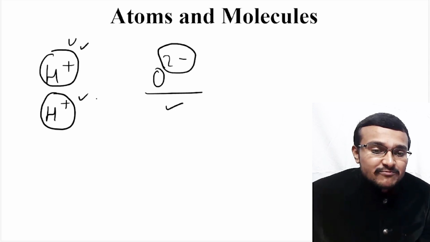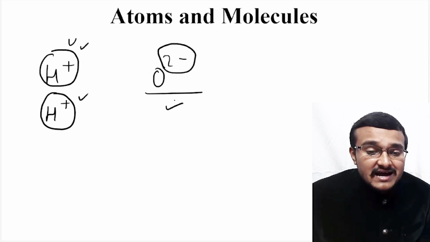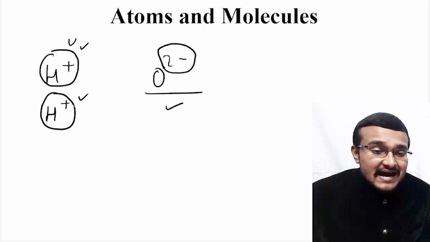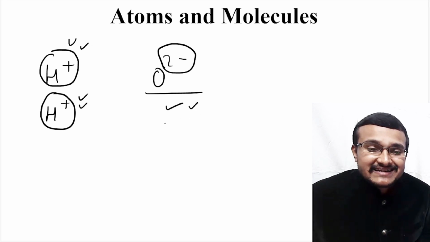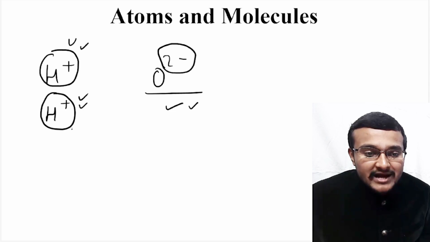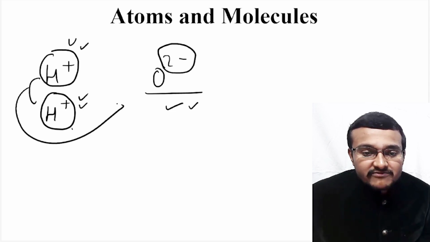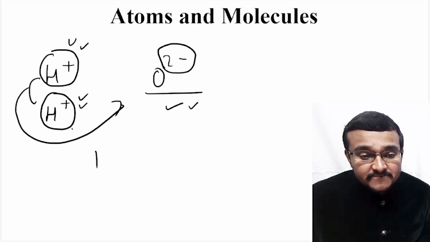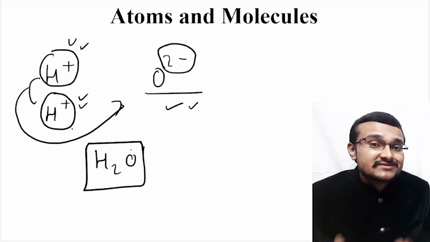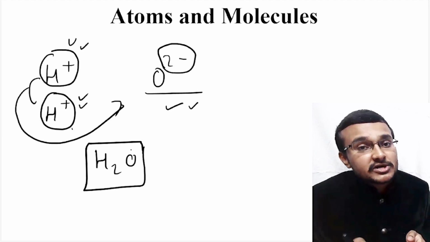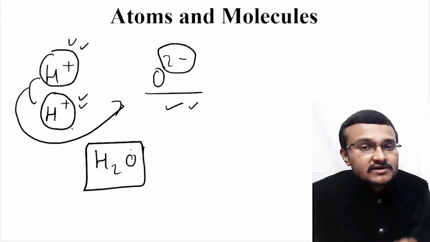So one positive charge of one hydrogen and one negative charge of oxygen, and one positive charge of another hydrogen and one negative charge of oxygen will get cancelled out, and two hydrogen atoms can form a bond with one oxygen atom to form H2O as a molecule. This is how you should write the chemical formula of a compound.